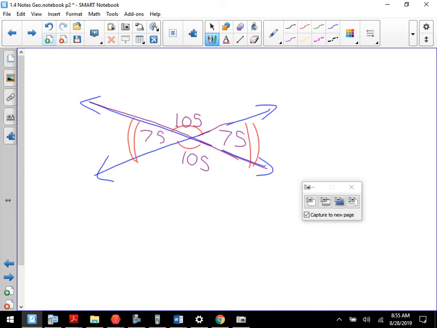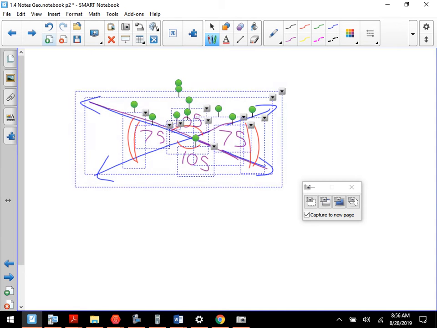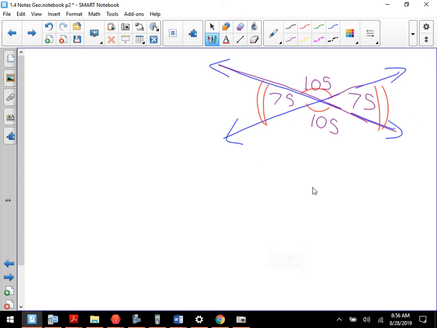Because of the rules of linear pairs. If you know one of them, you know all of them. Okay? So this is another angle pair relationship that's called vertical angles.